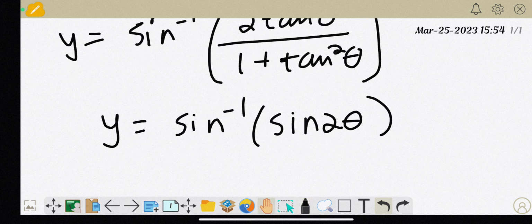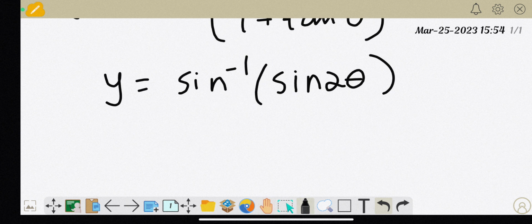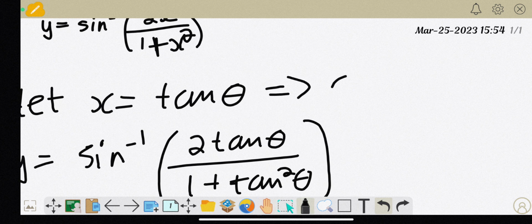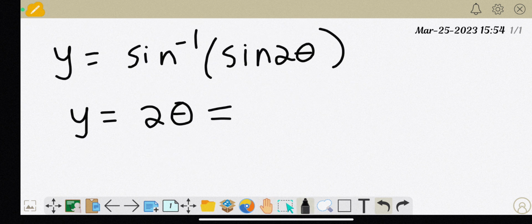Now what happens here? Sin and sin inverse will cancel. What is left? y is equal to 2 theta is left, correct. So what is theta from here? So theta is tan inverse x, correct. So here it is 2 tan inverse x.